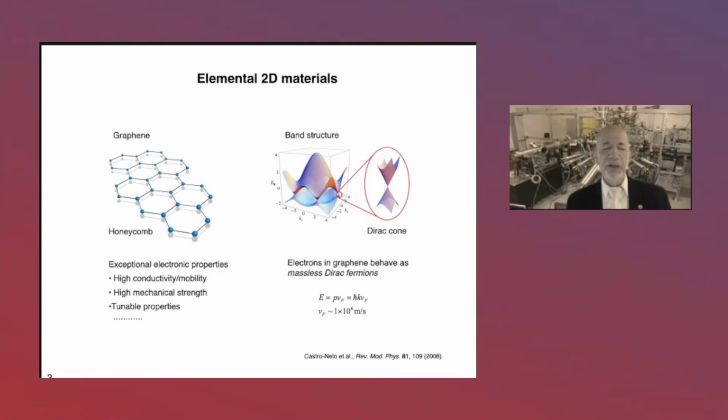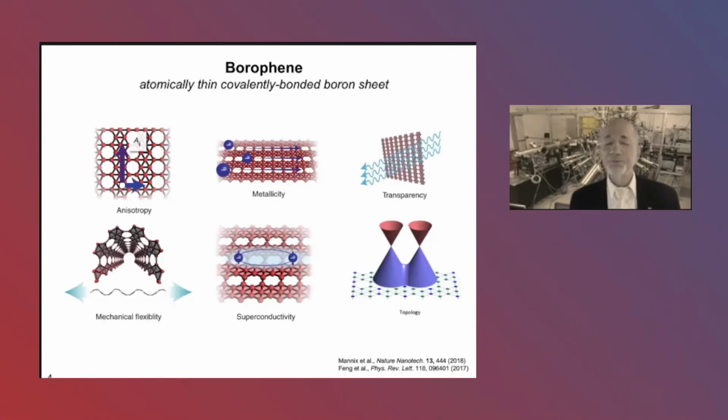And more interestingly, its electron band structure shows this gapless linear dispersion that makes the charge carrier effectively massless, leading to high conductivity and mobility. But to exploit these fantastic properties, one needs to be able to fabricate large area graphene.